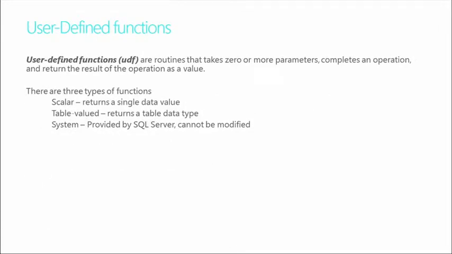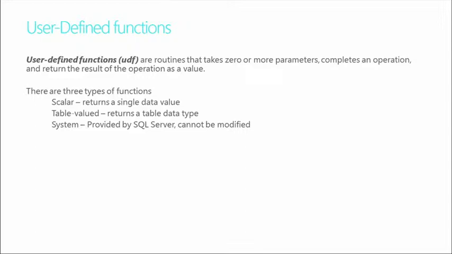We can create UDFs, or user-defined functions. These are routines that also can take parameters. It completes a specific operation and returns the result of that operation. And there's a few different types, and we'll see a couple of these at least as we're going through some of our demonstration between this module and the next module.